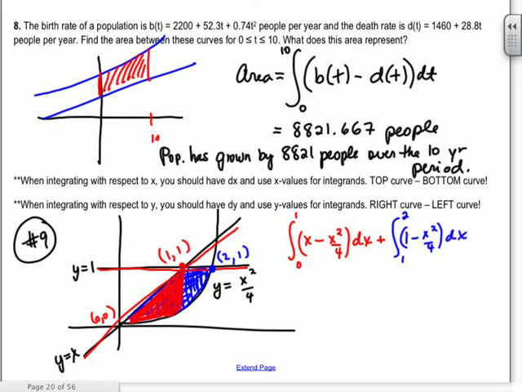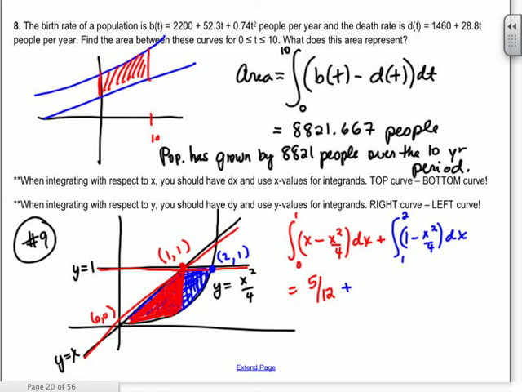So we'll go ahead and use Math 9. I said you could use that in your homework. So I'm going to have x minus x squared over 4, comma x, 0, comma 1. The first part's 5/12. Then do it again.